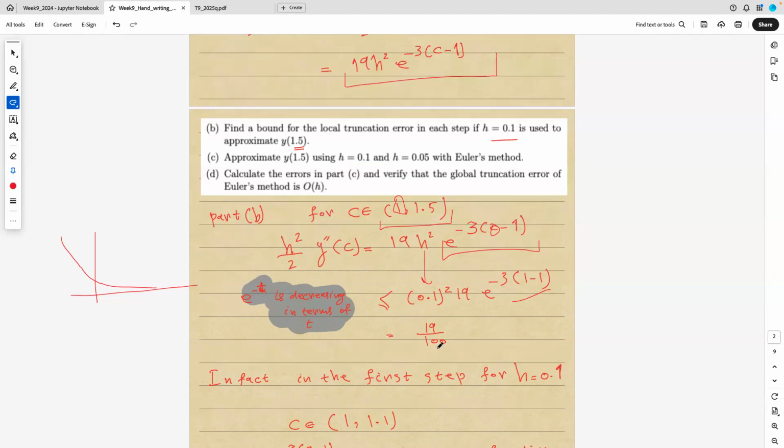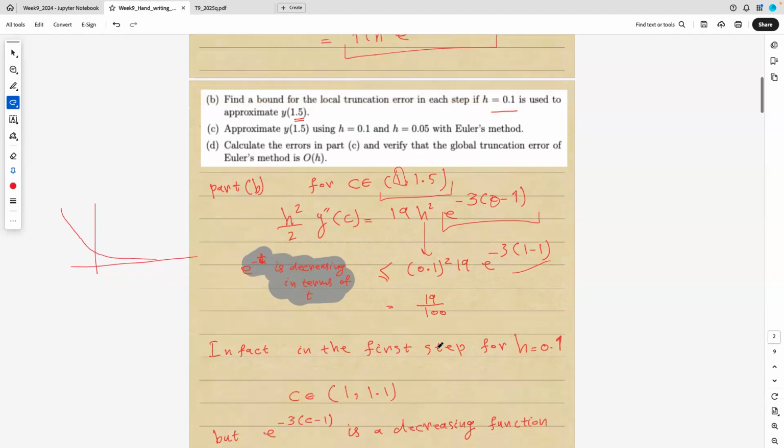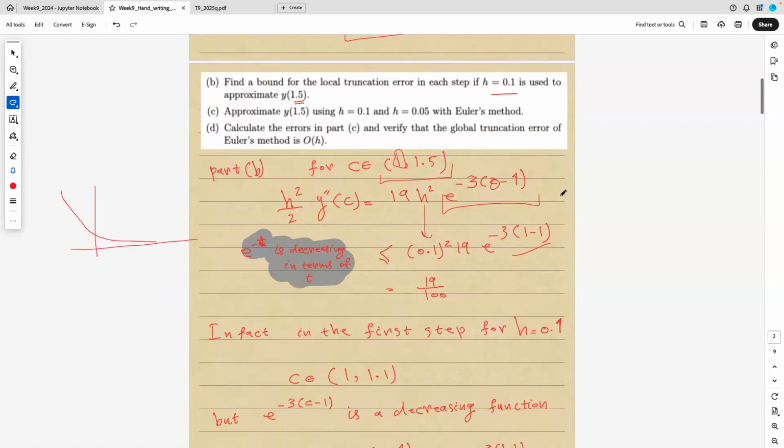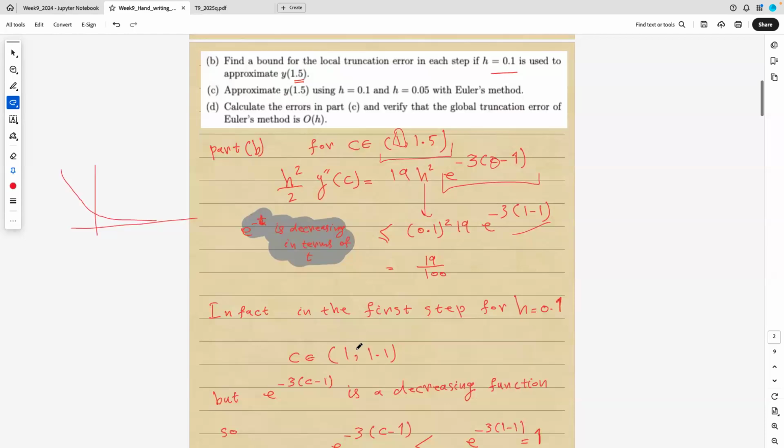So as I said, we do 5 times. So at first repetition, this guy is h equal 1/10, 0.1, to be able to get y of 1.5. So we use 5 times Euler's method. So at first time, c will belong between 1 comma 1.1.